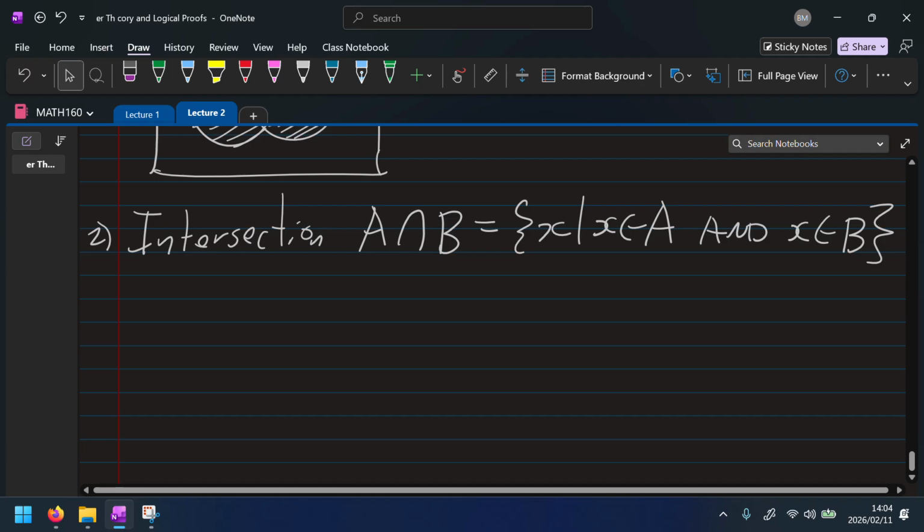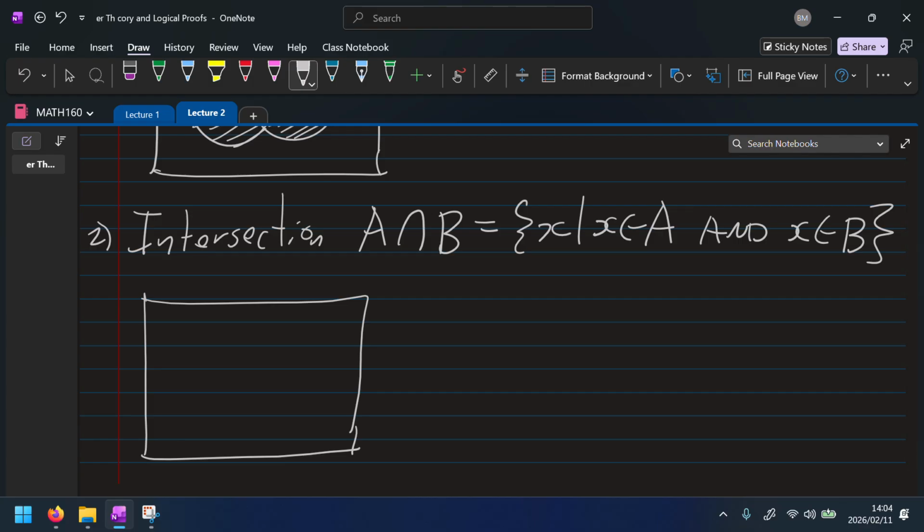So let's have a look at a picture. You've seen the pictures before, but this specification with or and and, that's what I'm trying to get across. We've got A, we've got B, and now we need to look at the two things together. It must be in A, and it must be in B. Both of them must be true. In this diagram, where are both conditions true at the same time?